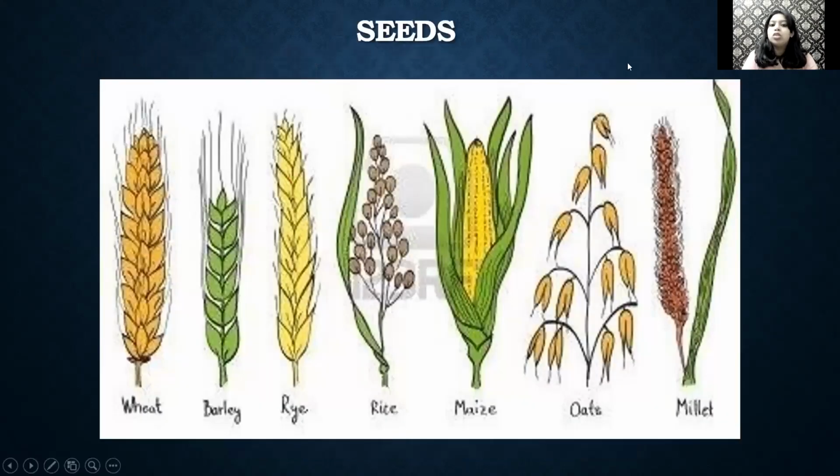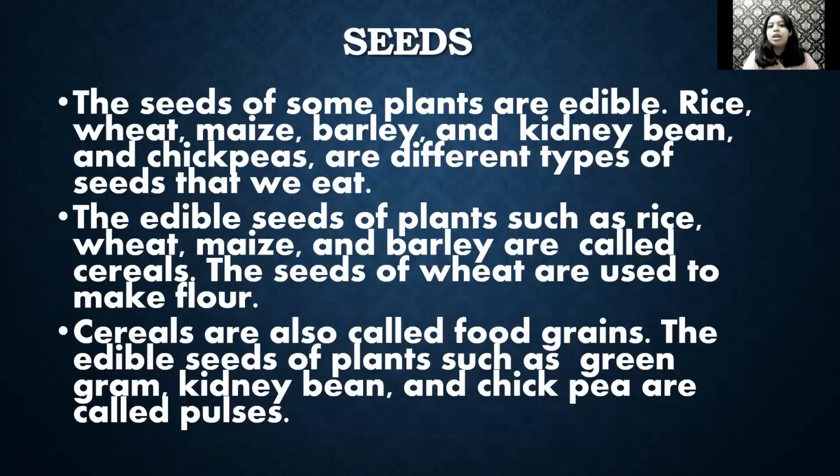Now coming on to seeds. Now can you see there is wheat, barley, rye, maize, oat and even millets. So these are seeds. Seeds are very small in shape. Now the seeds of some plants are edible. Again, edible means you can eat them.